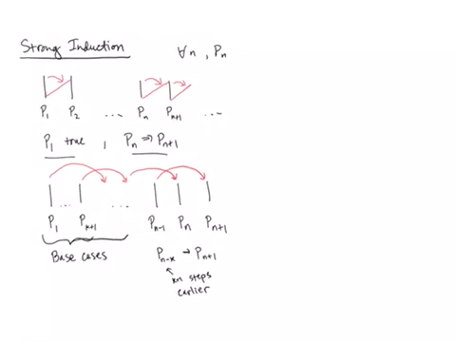So it might be that you're looking at P sub n minus 1, P sub n, P sub n plus 1. It might be that your Pn plus 1 is implied by both of the previous two propositions.